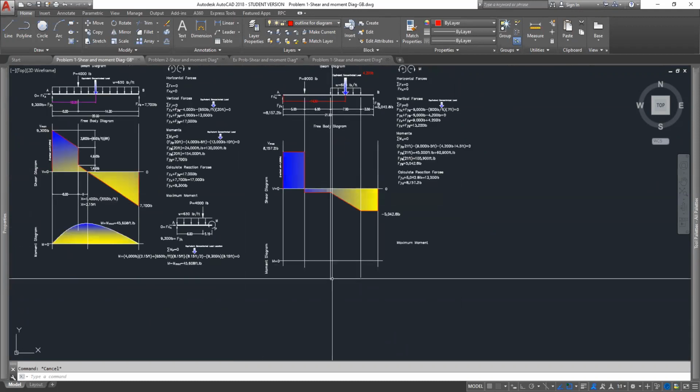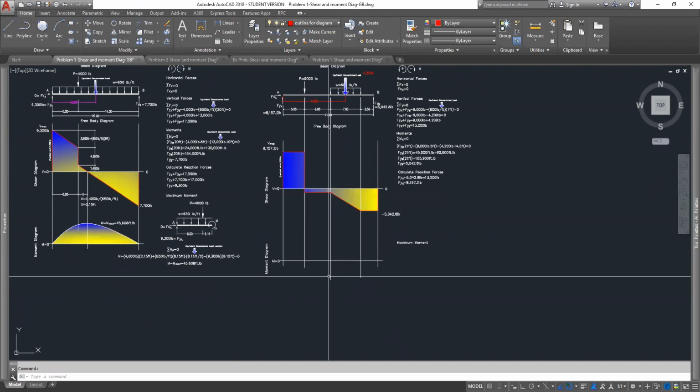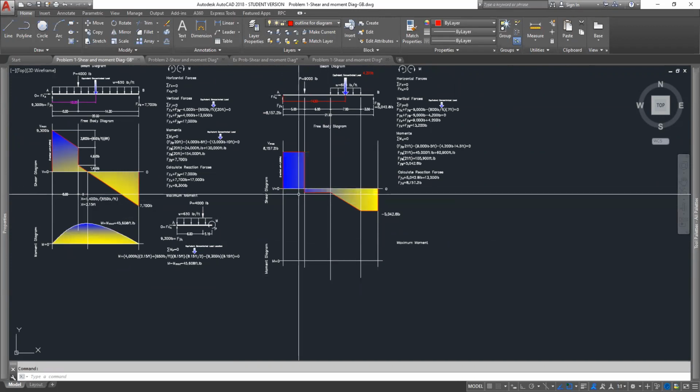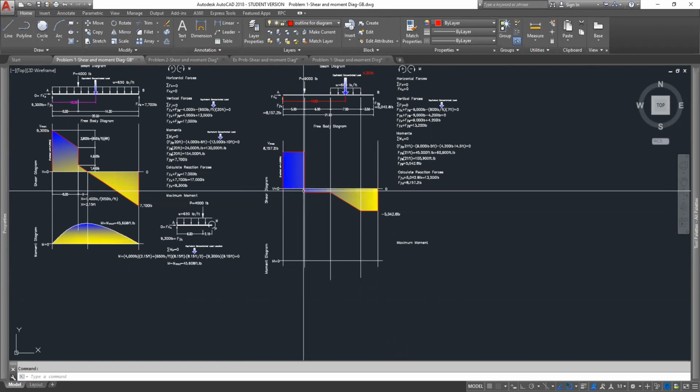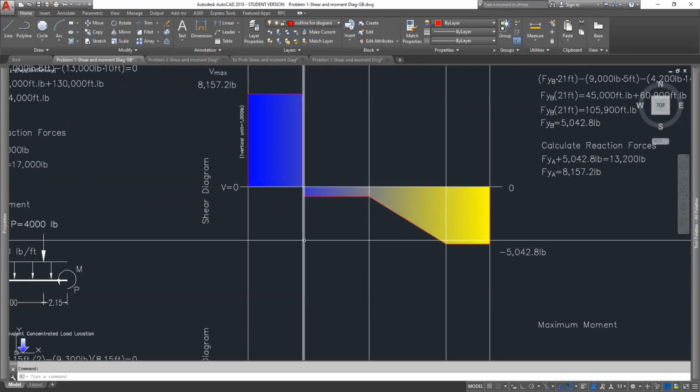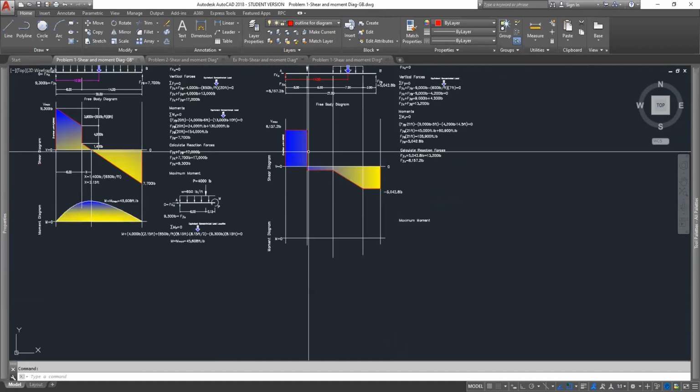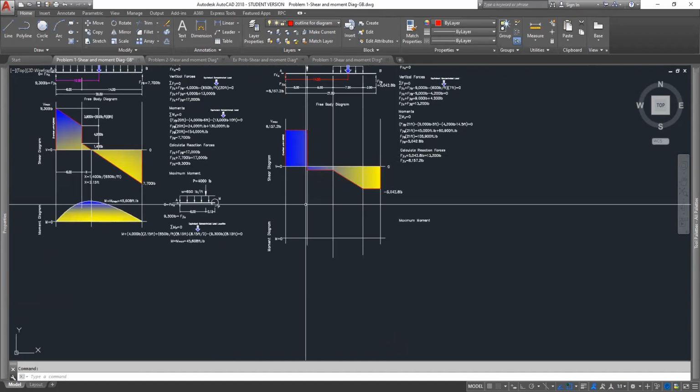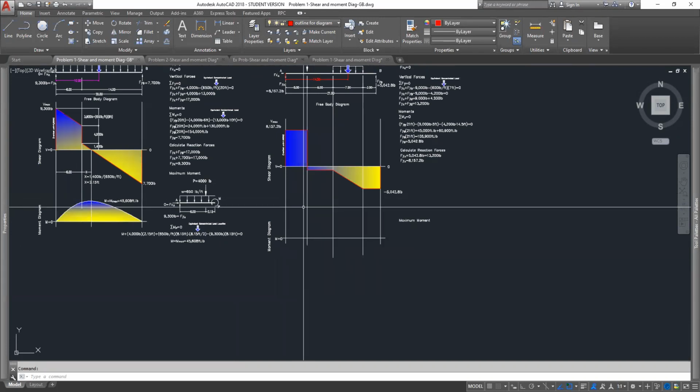Anybody? It would be where the 9,000 load is, or where shear equals 0. So it's along this line right into here. That is where your maximum moment is going to occur. So we have to solve for that.